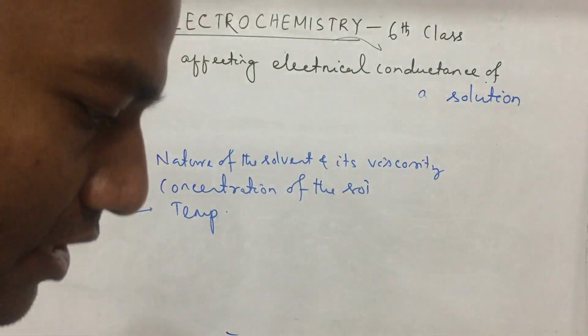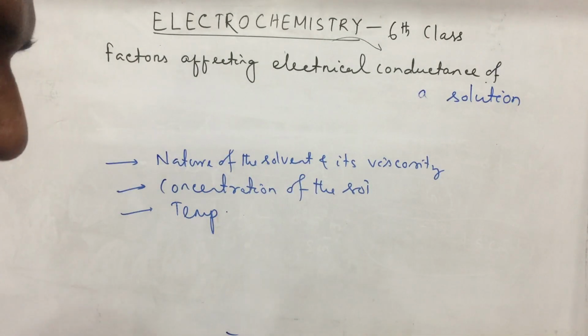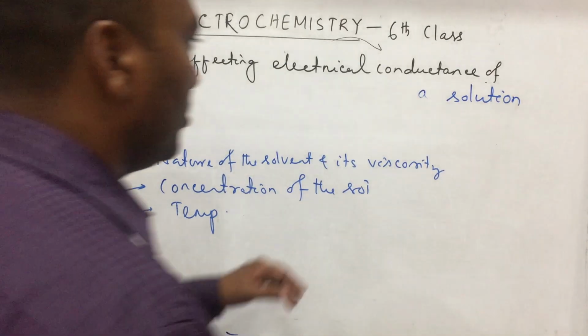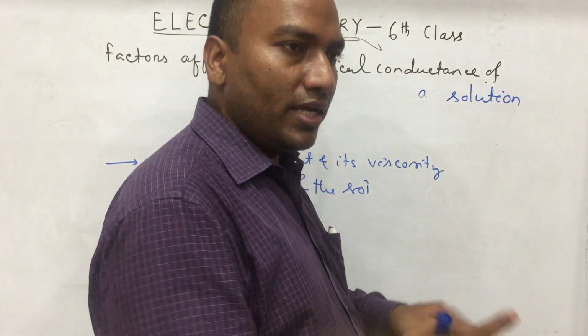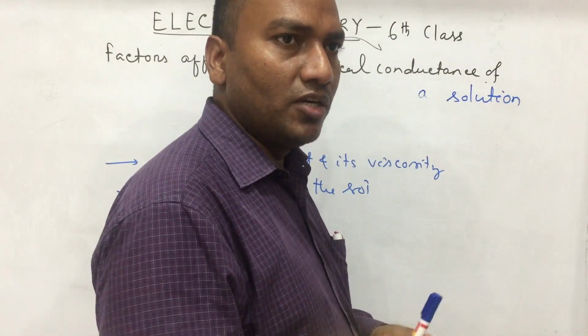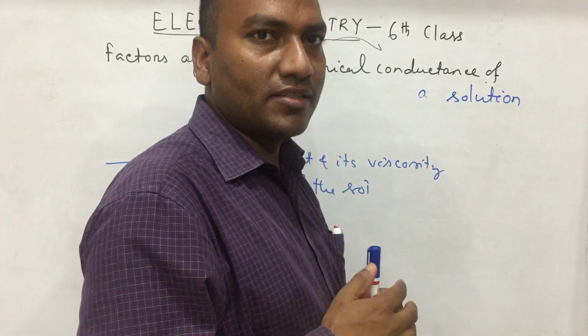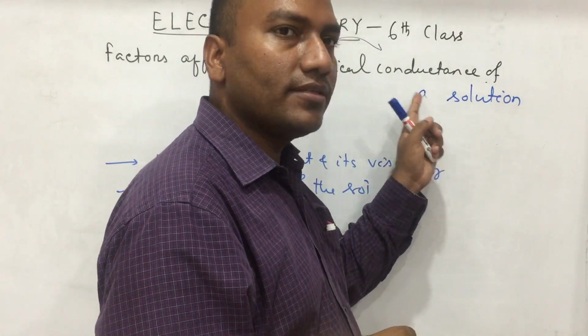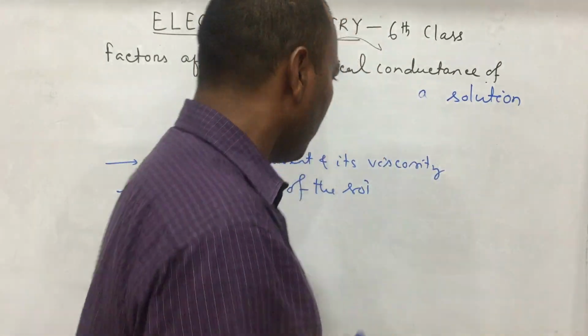Electrolytes ionize more in a polar solvent, hence greater is the polarity, greater is the ionization, and greater is the conductance. Similarly, greater is the viscosity of the solvent, less is the conductance. When viscosity increases, density increases, so ionic mobility decreases. If ions cannot move easily, conductance decreases. Okay.